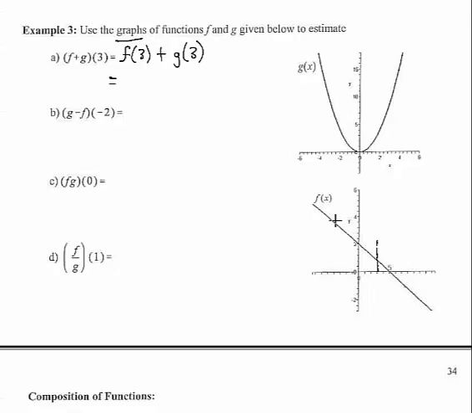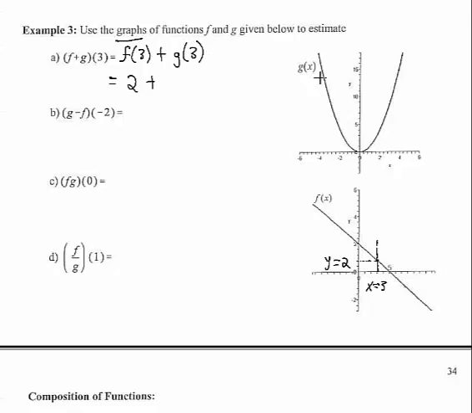Obviously f of x is a linear function, and this is x equals 3. Now that I've hit my line, I will go to the left towards the y-axis to figure out my output, and I see that I get y equals 2. So f of 3 is 2.